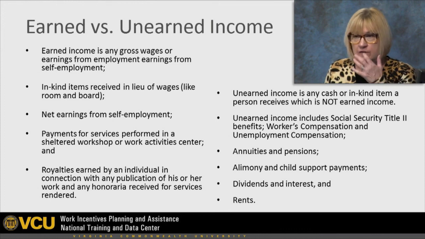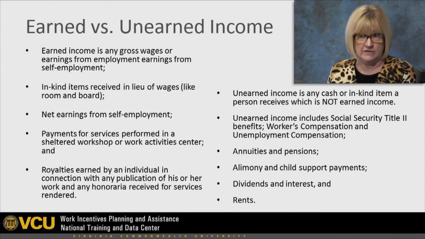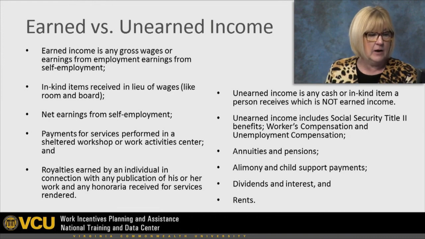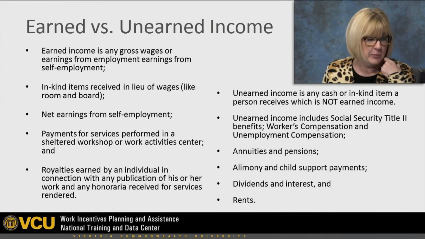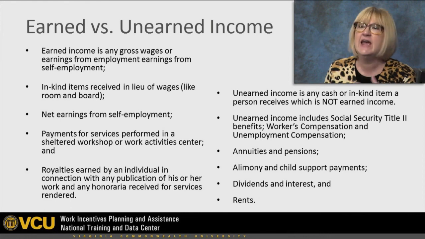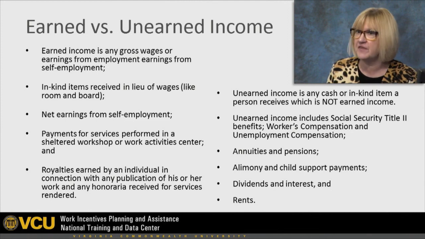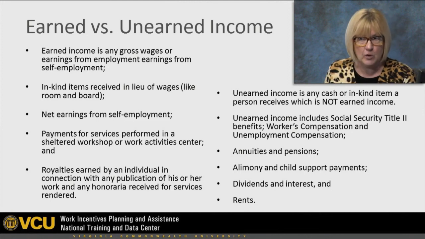The common things would be a Social Security Title II benefit like SSDI or CDB, workers' compensation, unemployment compensation, anything like that that is cash or in kind that a beneficiary receives, but that is not remuneration for work performed or compensation for work performed.